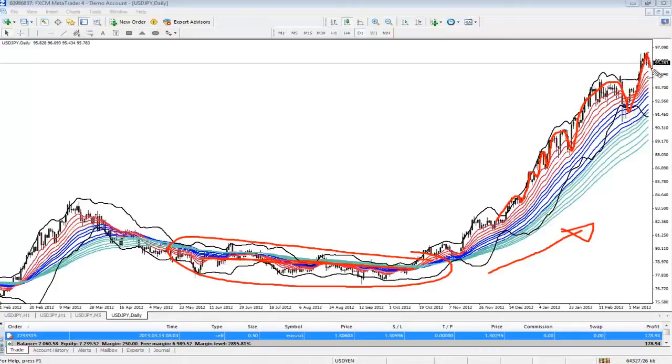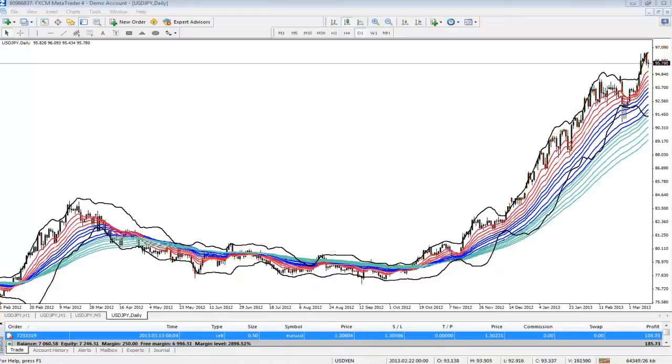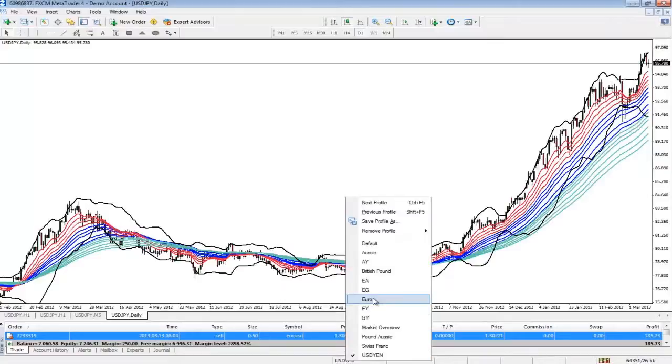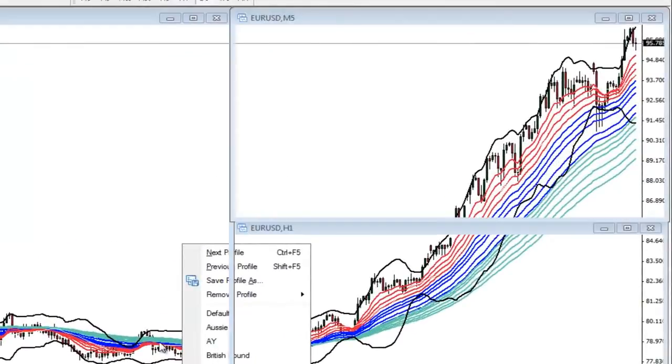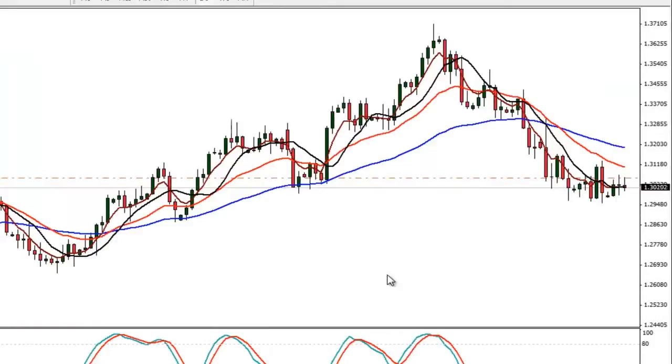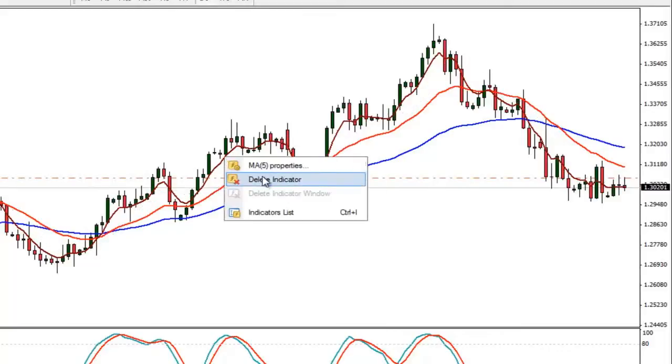Alright? And every time you get a little too far away from it, that's generally a sign that you want to correct to them. Alright? So this is another nice way of using EMAs as far as overbought and oversold indications in the market.